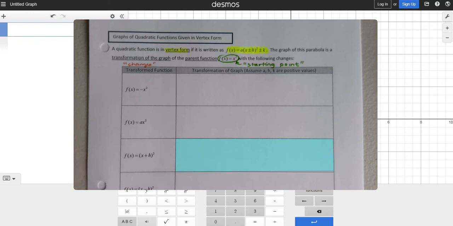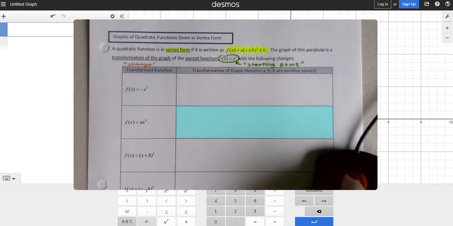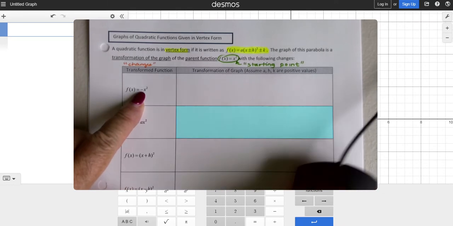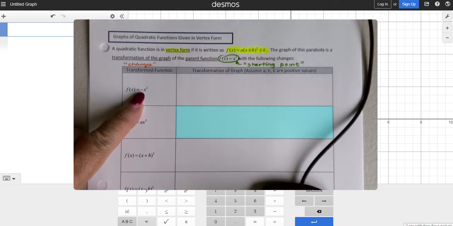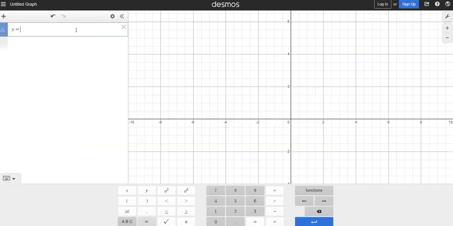All right, in order to investigate this, I'm going to look at what happens with some of these changes by graphing a few examples in Desmos. And notice the first change I want to look at is what happens if instead of f of x equals x squared, I put a negative in front of that. f of x equals minus x squared. So I'm just going to graph y equals x squared first, our standard parabola.